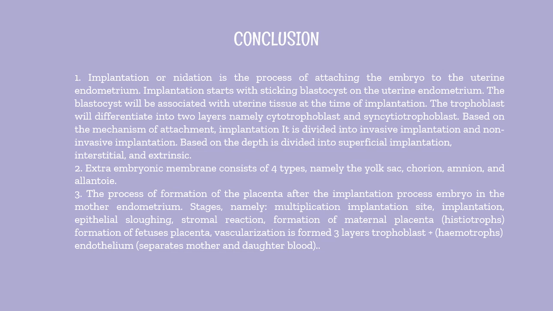The trophoblast will differentiate into 2 layers, namely cytotrophoblasts and syncytiotrophoblasts. Based on the mechanism of attachment, implantation is divided into invasive and non-invasive implantation. Based on depth, it is divided into superficial, eccentric, and interstitial implantation.